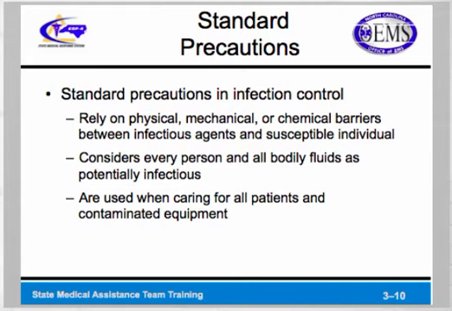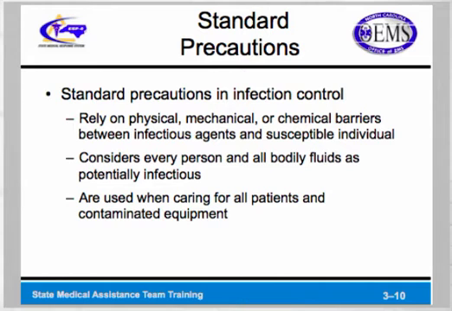As a side note, most healthcare workers usually follow the rule of, if it's wet and sticky and not yours, don't touch it. Standard precautions rely on a physical, mechanical, or chemical barrier between infectious microorganisms and a susceptible individual. The use of standard precautions is an effective strategy for preventing the spread of infections.